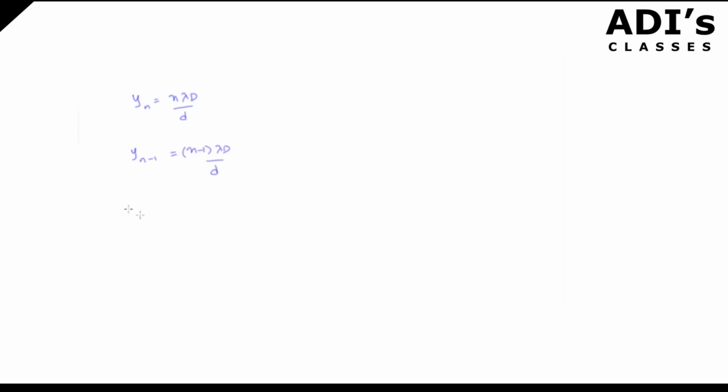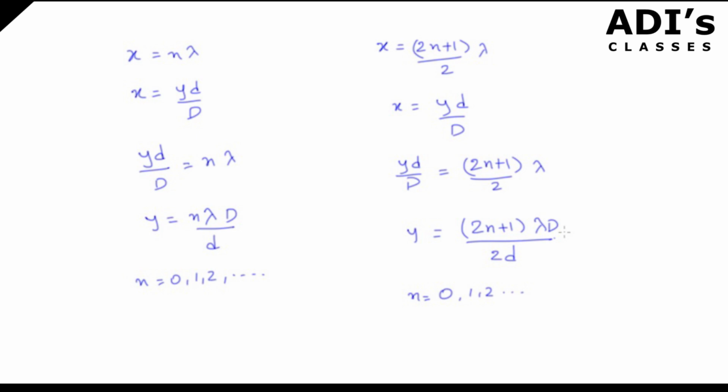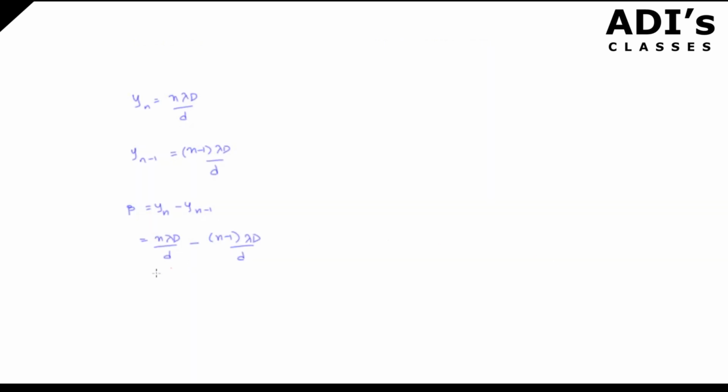Now a very important point is fringe width, meaning the distance between two consecutive bright or two consecutive dark fringes. For that, we have to do a very small mathematical expression. For any bright fringe, we have yn equal to n lambda D by d, correct?